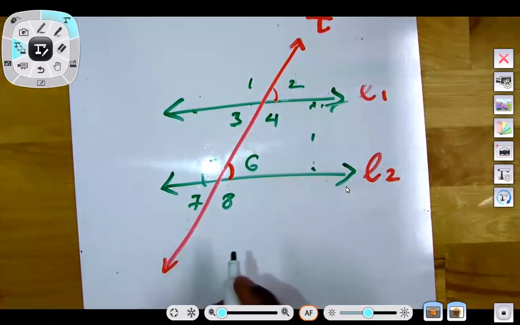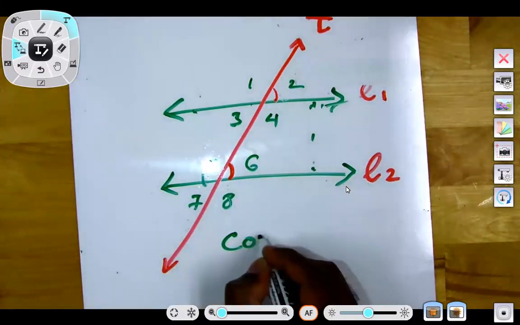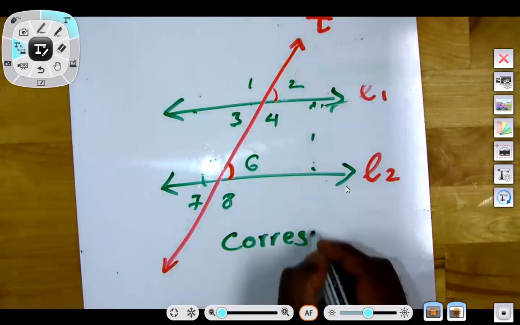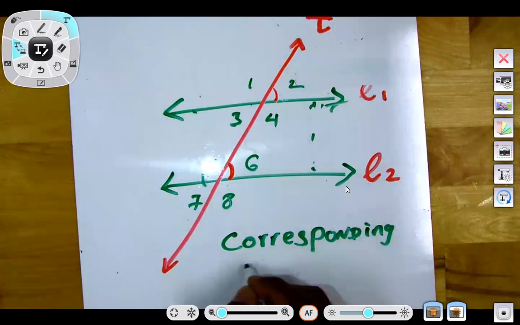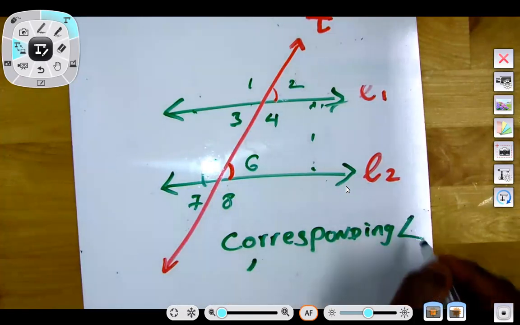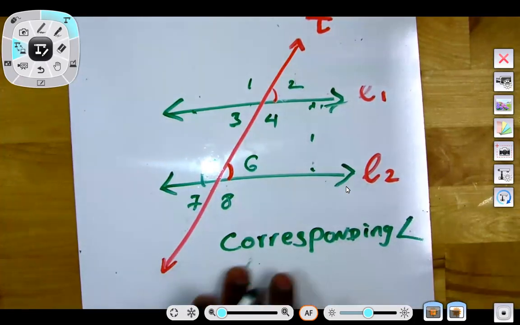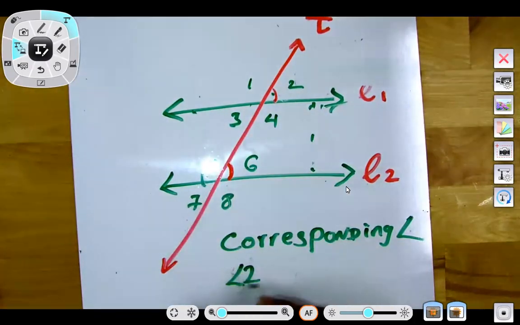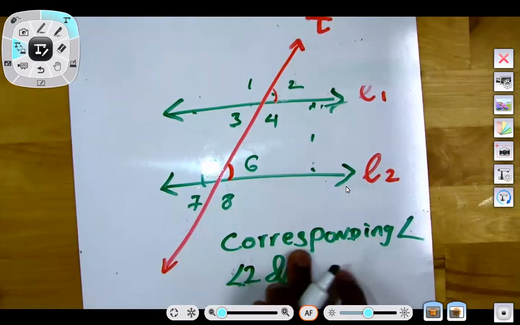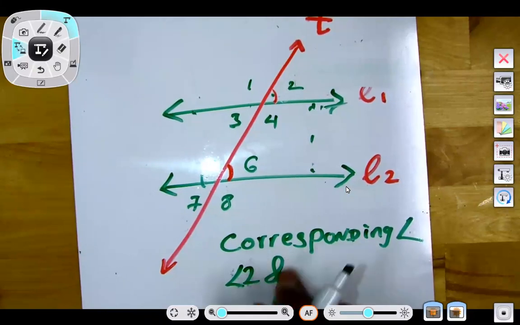So you know the corresponding angles. I'll just put the angle sign over here; you can read it as angle. In here, these two, angle 2 and angle 6, that's one of the corresponding pairs.